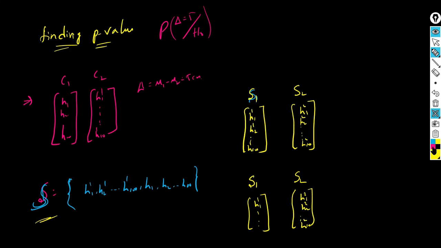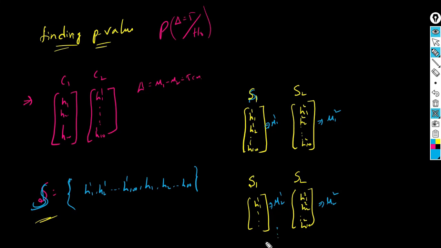Now here we will once again take the mean heights. For suppose here we got mu 1 1 and mu 1 2. Similarly here also we will get mu 2 1, mu 2 2.